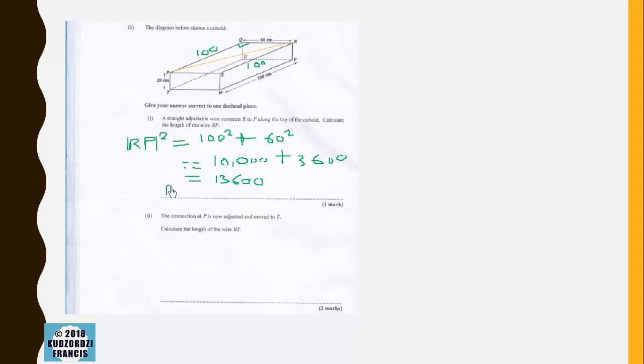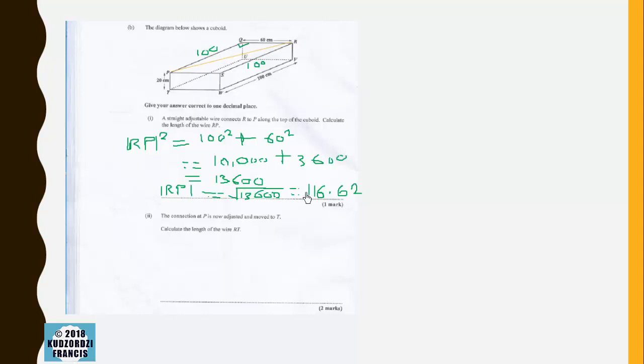Now RP will now be equal to the positive square root of 13,600. And this will be equal to 116.62.